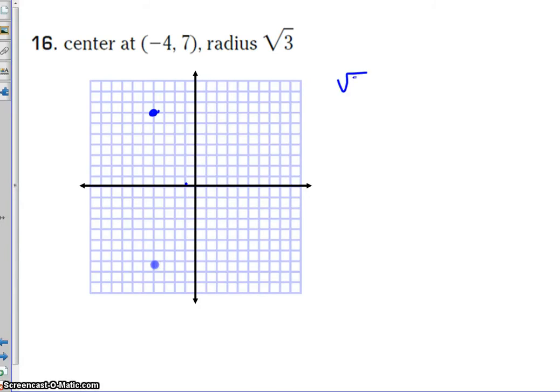And the square root of 3 is about 1.732. So I'm going to estimate it at 1.7. So I'm going to go 1.7 to the right. And I think the best thing we can do is estimate where we're going to be and then draw your circle. When they're smaller, they're a little easier to get exact. So good luck on this, and check in for the ellipse video.